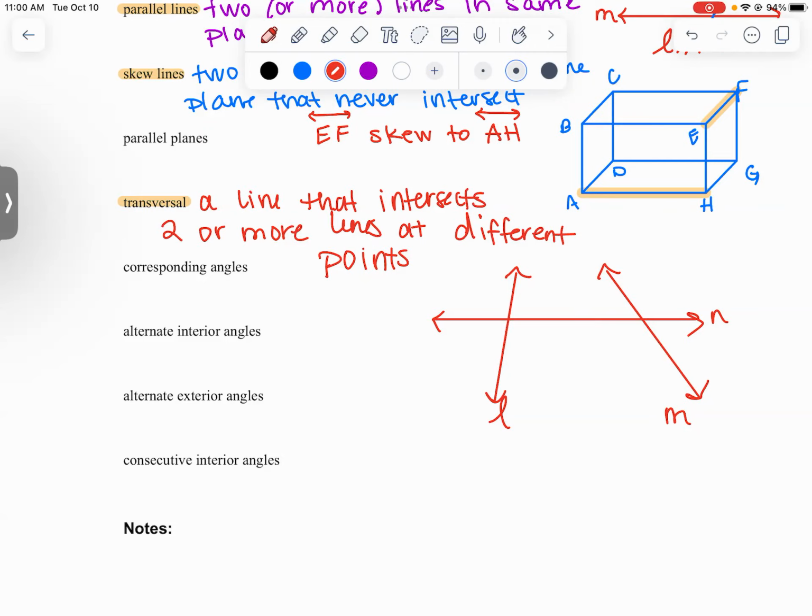So in this picture, what is the line that is intersecting two or more lines at different points? Okay, line N is our transversal. Line N is intersecting two or more lines, but at separate spots. They're not all intersecting at the same one.